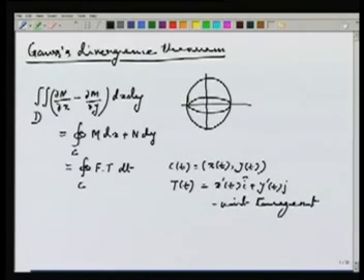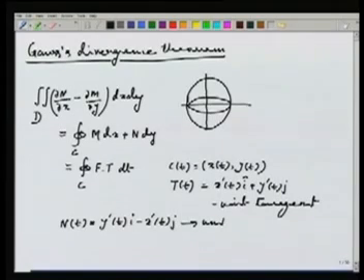If that is the case, then I can see that n(t), that is equal to y prime(t) i minus x prime(t) j, is certainly the unit normal, because if I look at the dot product of T(t) and n(t), I get 0. So n(t) is orthogonal to the tangent, so it is the normal.